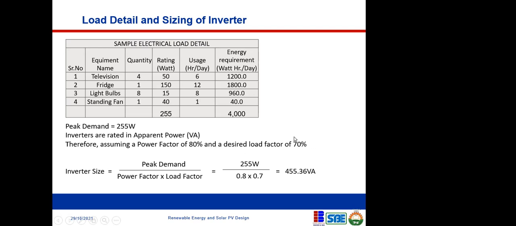Now, if you're running your generator, you don't run your generator at 100% at every point in time. Your generator is running at a certain load factor, which in some cases could be 30, it could be 40, it could be 80. So in this case, let us assume that the maximum amount of load that you want to put on that inverter is 70%.